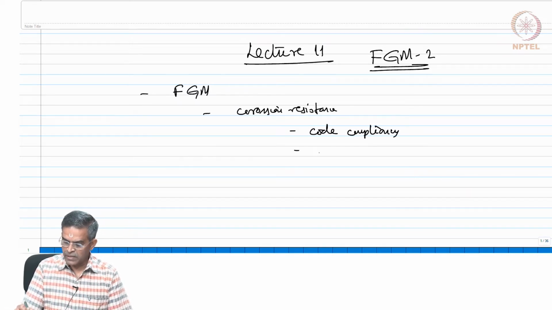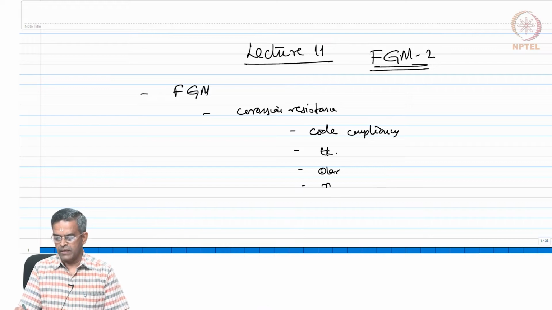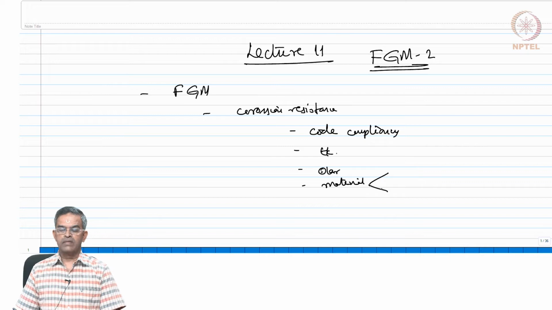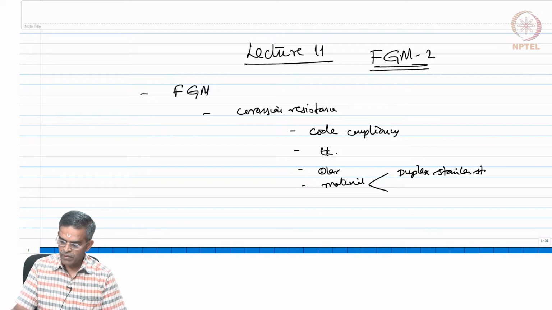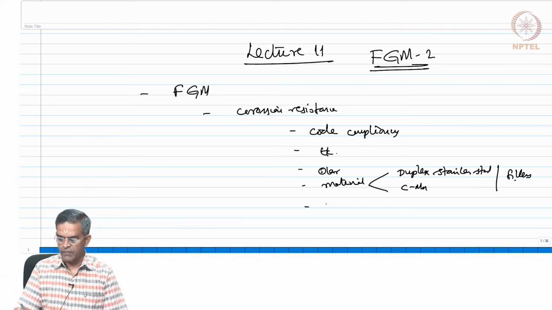We have assessed the thickness requirement of the material, the cross sectional diameter, and then the ingredient materials depending upon the strength and functional requirement. We have chosen duplex stainless steel and carbon manganese steel with respective fillers. Then we arrived at the weld parameters.